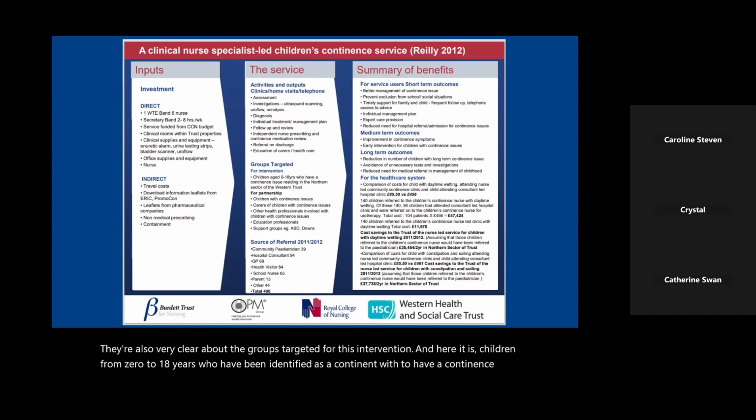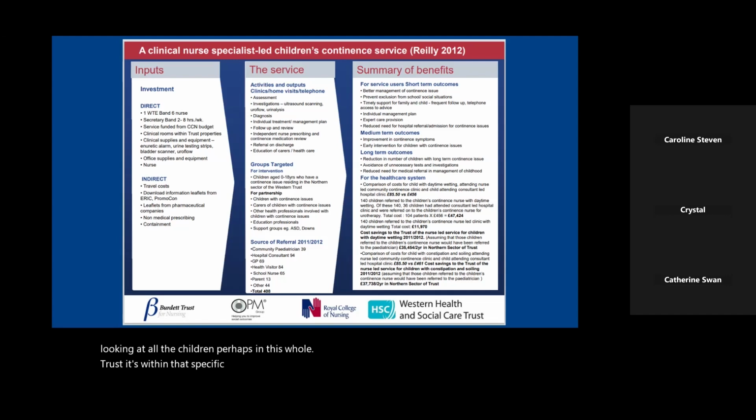They've then also specifically stated the area they are looking at. So they're not looking at all the children in the whole trust. It's within that specific northern sector of the trust.